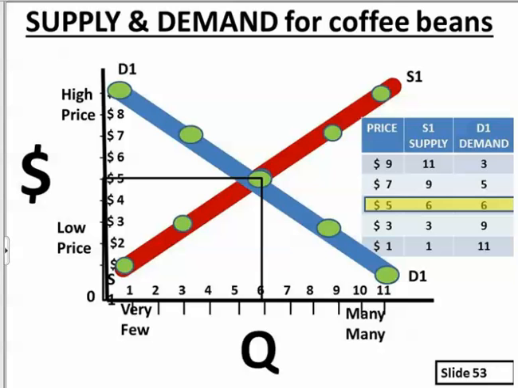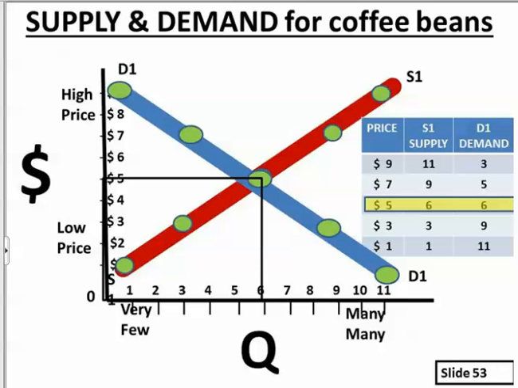And when we plot the two curves on the graph, we see they cross at that point, at that price of $5. And if we drop a line straight down to the quantity, we see it's 6, just as it says on the supply and demand schedules, in other words, the chart of numbers. So that's how we got the graph the way it looks.